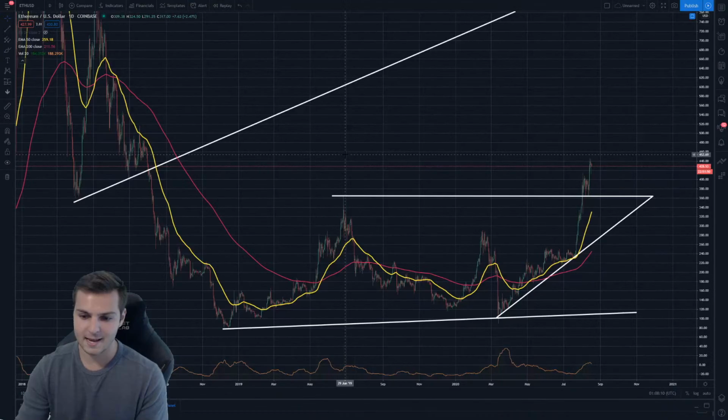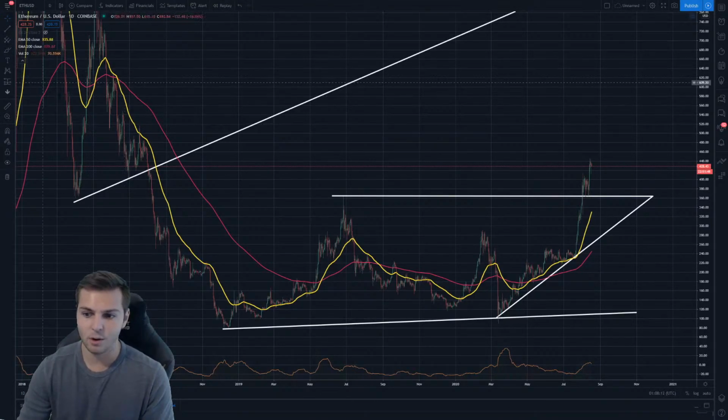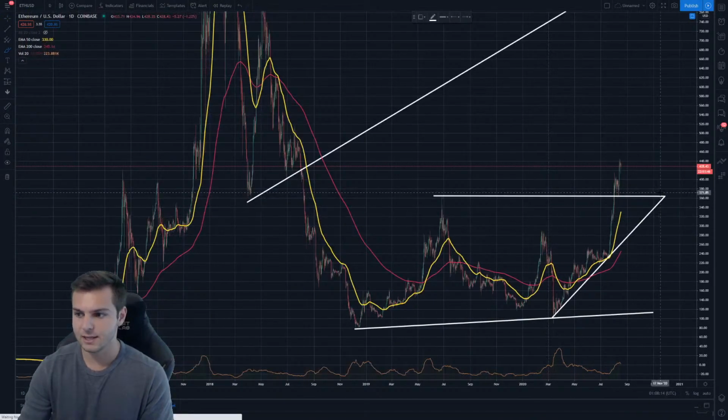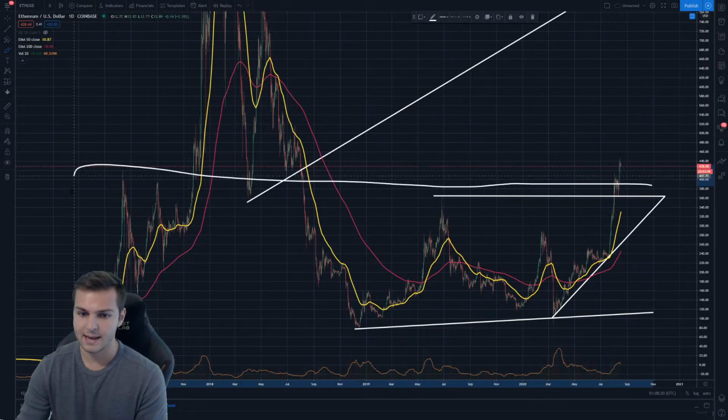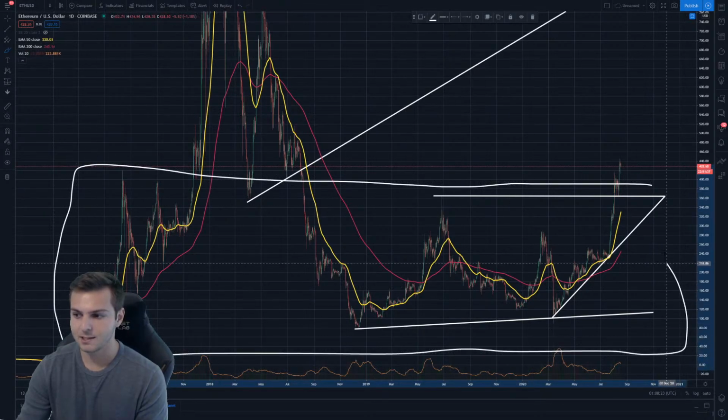We have to understand that Ethereum is now out of everything that it has been working through for years, right? I mean, look at this. If we're looking at everything that is in this box, this is all below us now. I mean, the past 2 to 3 years of Ethereum are just all below us.